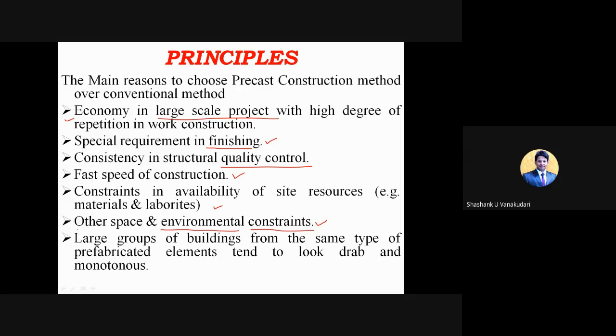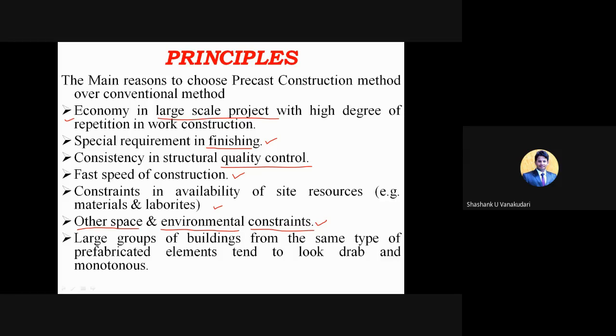And other spaces. Other spaces, in the sense, are the storage areas you get in the conventional method. If you are constructing on a 30 by 40 site, and all the materials come where the neighboring sites are already constructed, you may face difficulties placing those materials in safe yards.